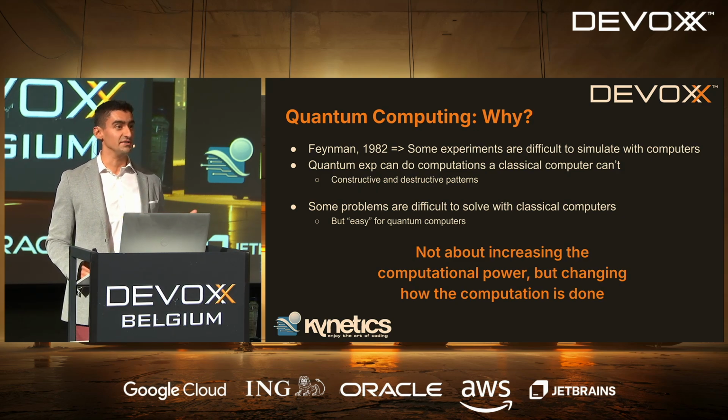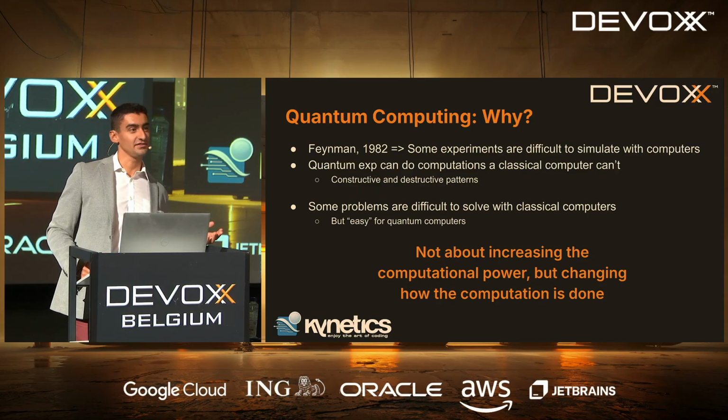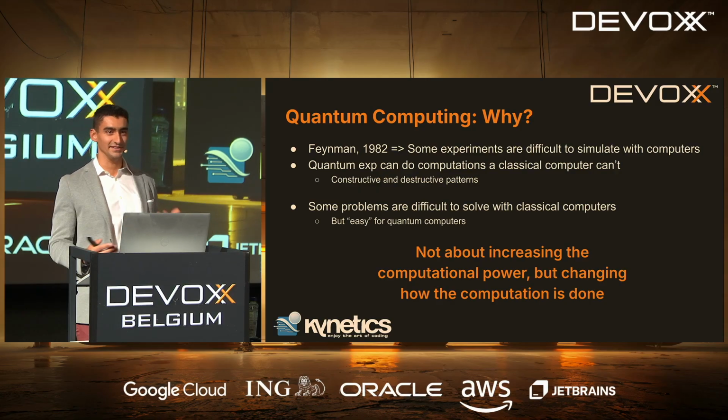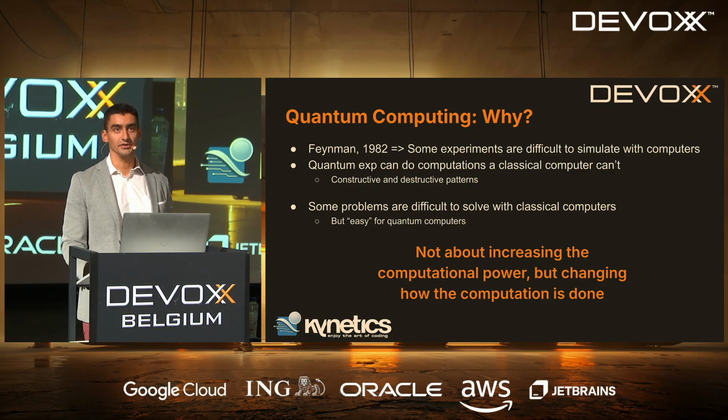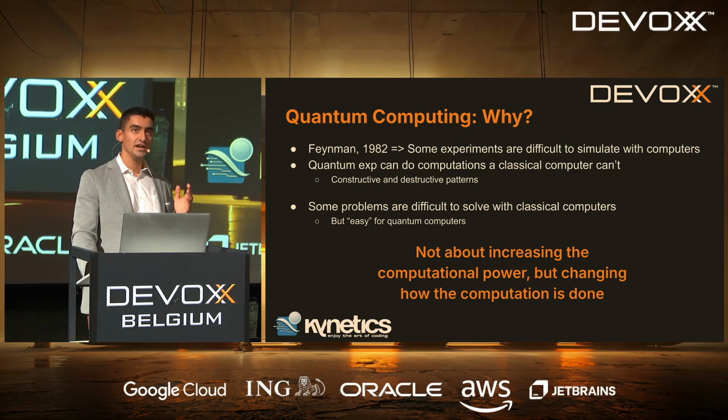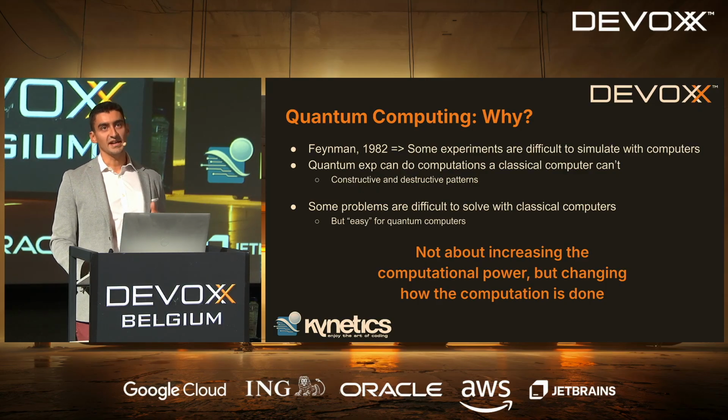Like most of the hype is about making encryption less secure or more secure, depending on the way you're standing at it. There are also more things about quantum computing, and actually, in the beginning, the main drive behind quantum computing was simulation.